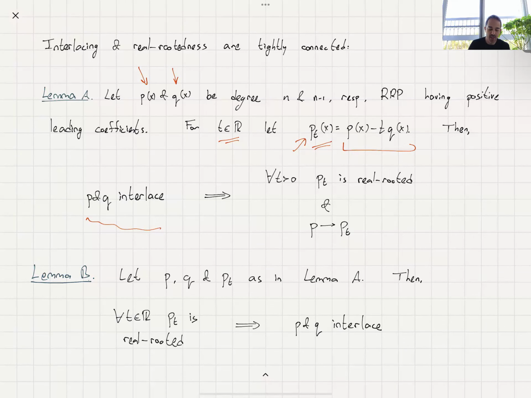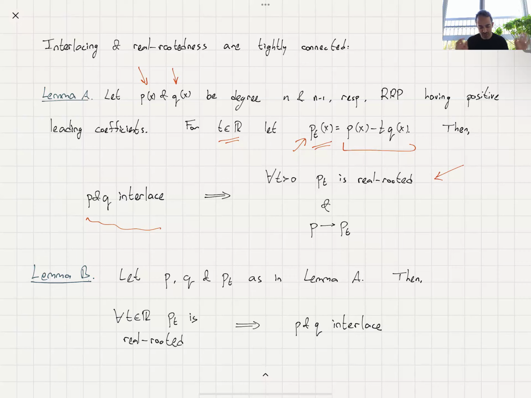Okay. Then anyhow, the statement is that if P and Q interlace, okay, so that's the interlacing word, then that implies that for any t larger than 0, P_t is real-rooted. So that's actually kind of the double root manifold word, right? Real-rooted means for any t, you are on the same component induced by the manifold, because otherwise you'll go to complex, and for that you need to go through that manifold.